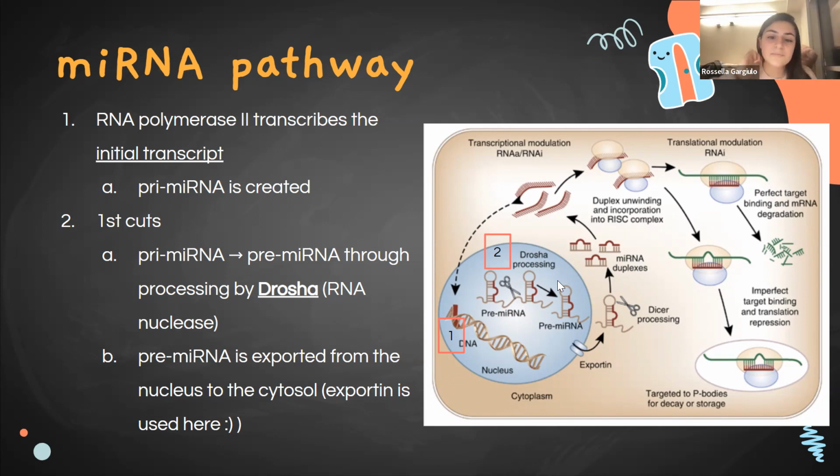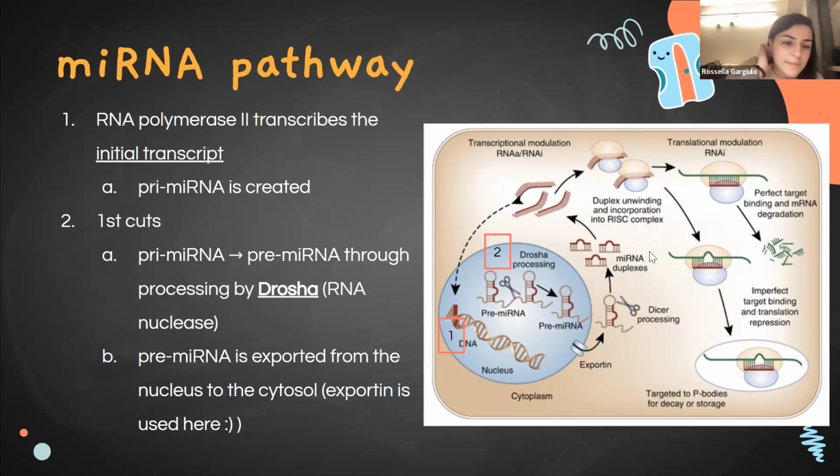This pre-miRNA gets exported out of the nucleus with exportin. Then the pre-miRNA in the cytosol gets cleaved again by another enzyme called Dicer. Dicer creates the miRNA duplexes. So you went from pri-miRNA to pre-miRNA to the miRNA duplexes.